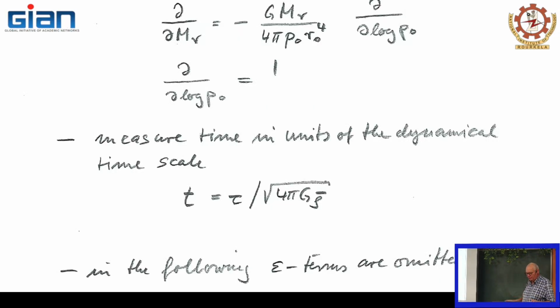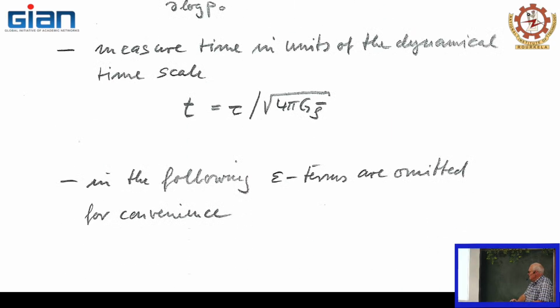There's no physics behind it, it's just for convenience. We drop them because in general we will not comment on these epsilon terms anymore. There are just a few places where we come back to this term again. Okay, so what happens then?